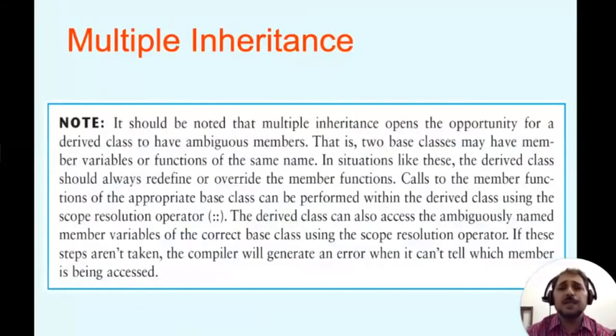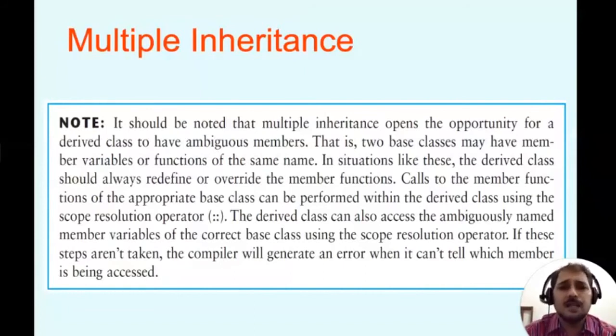It's the same explanation. It should be noted that multiple inheritance opens the opportunity for the derived class to have ambiguous members. Ambiguous members means the same name from one class and the same name from another class. Same members from one base class and same members from another base class, so the same name will be inherited to the child class, and then it becomes ambiguous for the child.